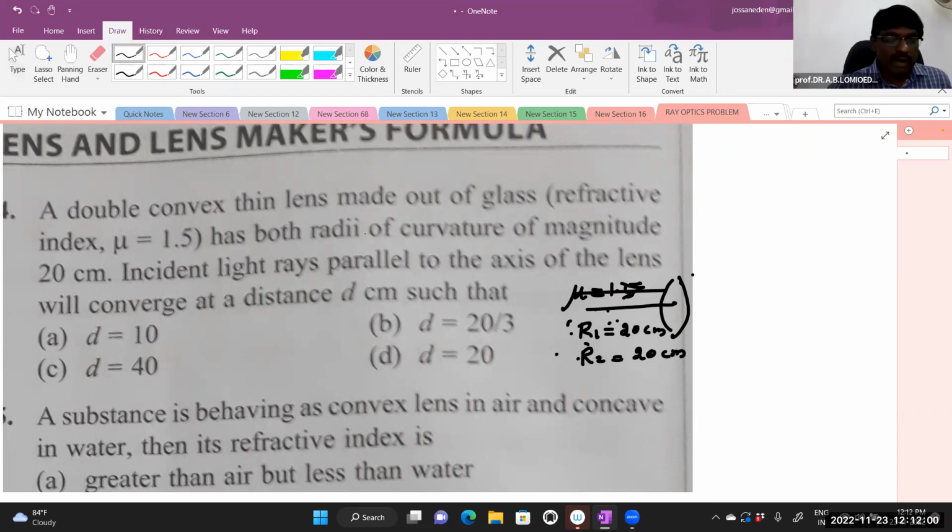Use this formula. What is the lens maker formula? 1 divided by f is equal to mu minus 1 times 1 by R1 minus 1 by R2.